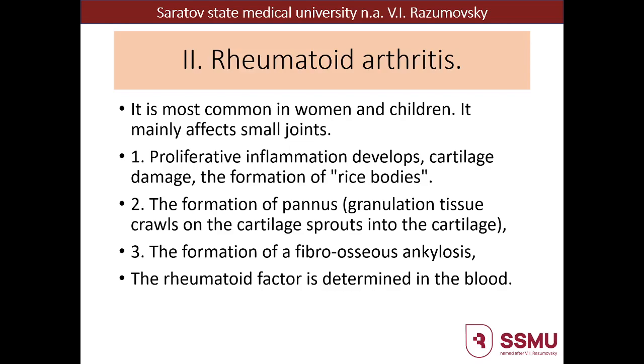The formation of fibro-osseous ankylosis is typical. It's a special type of formation of connective tissue with blockage of motion activity in the joints, and we can see also the rheumatoid factors in the peripheral blood.